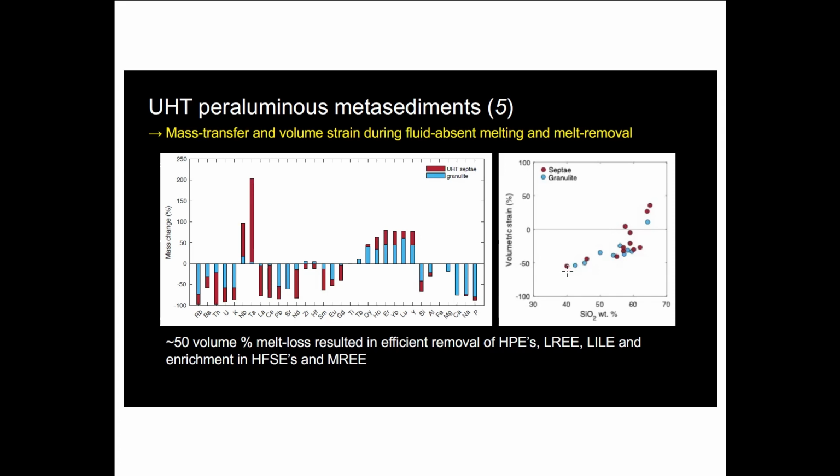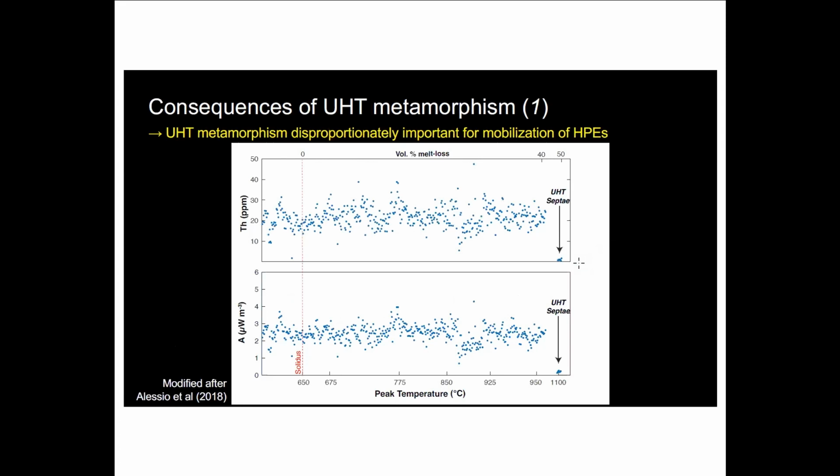Firstly, that there is a trend in volume strain, i.e. melt loss, with SiO2, which is what we expect, depending on how much leucosome has been removed. But the interesting thing is, even the most restitic granulites have lost roughly the same amount of melt as the UHT septa. Okay, that's interesting because it provides a conundrum in terms of why is the monazite gone?